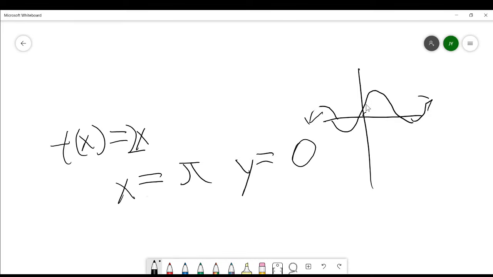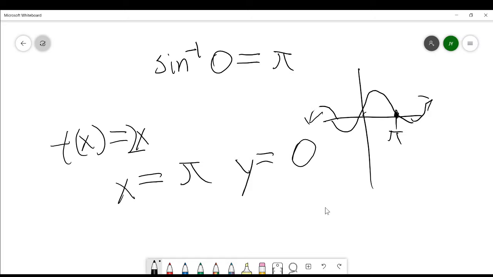Right. Now we go here. So let's put pi here. This is where pi is. Now you see here that it intersects 0 here, right? So y would be 0. But the inverse of this means that sine inverse of 0 equals pi now.